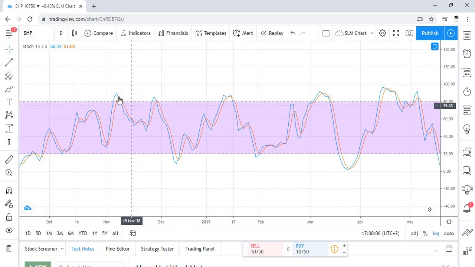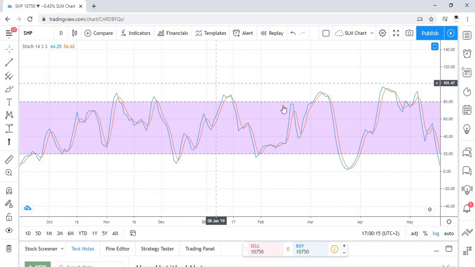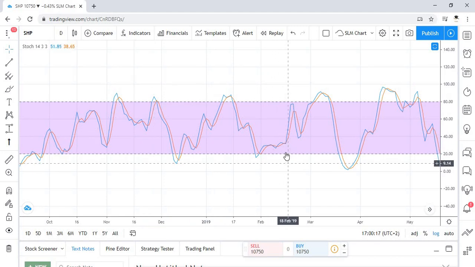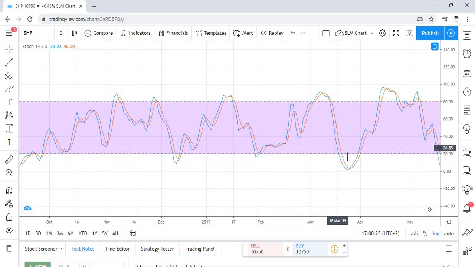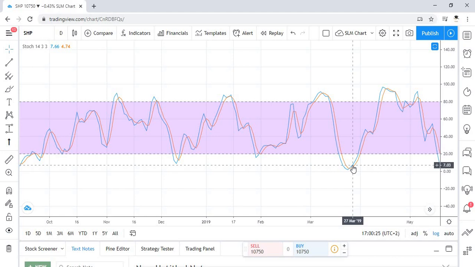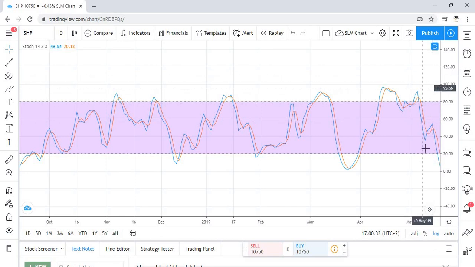So if the line crosses above this purple area, then we tend to say the share or the asset is overbought. And when the lines move below the purple section, then we say the share or the asset has been oversold. The values that are set for oversold and overbought are 20 and 80. So above 80 is overbought, below 20 is oversold.